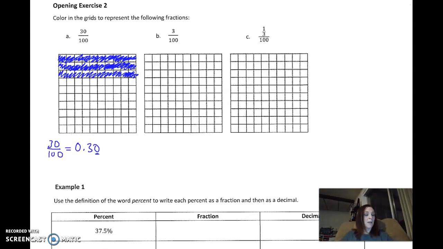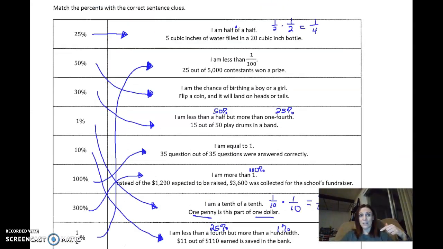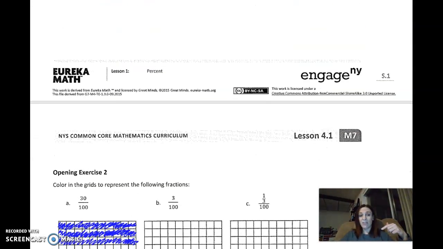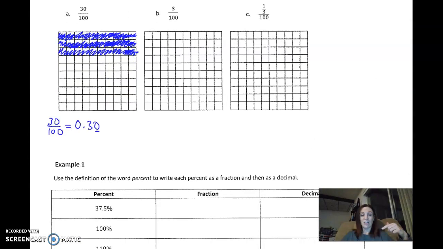Tenths, hundredths. And if we think of it as hundredths, part out of whole, the part out of 100, per 100, the part I have is 30. 30 per 100 is 30%. Okay, so these are really the 3 representations we're going to be working with.